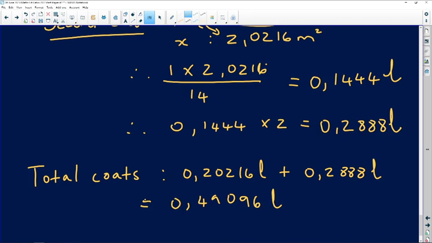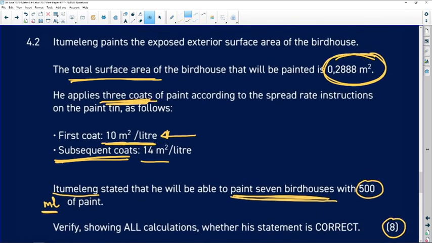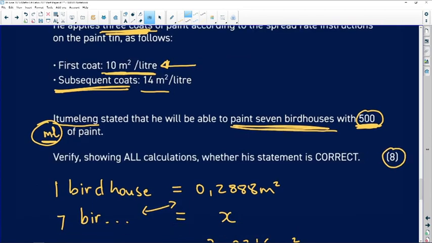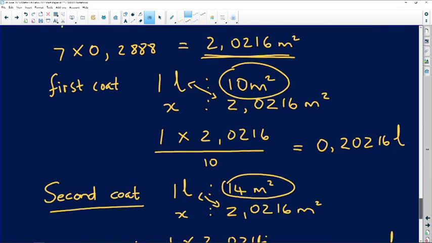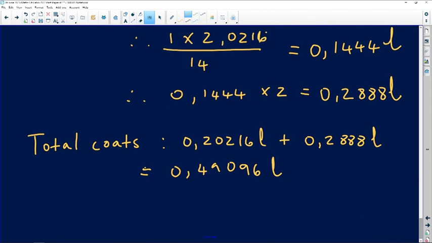I need to convert this to milliliters for it to tell me whether this is valid or not. I need to remember what I said about how you will not be given the conversions from liters to milliliters. I need to know that 1 liter is equal to 1,000 milliliters.